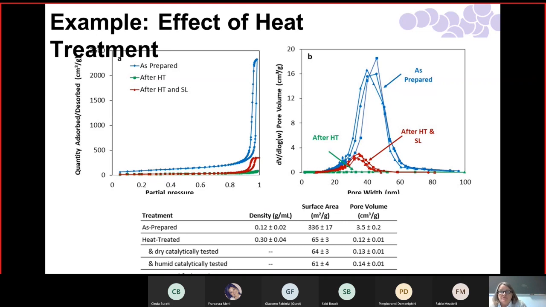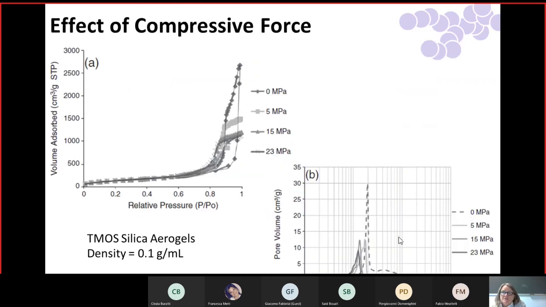The other thing, this is related to, we did a study where we crushed aerogels, applied forces to them, and I'll talk about this more tomorrow when I talk about structural.